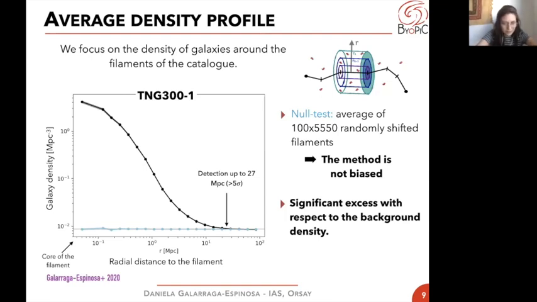In the left part of the plot is the core of the filament, so we have low radial distances, and towards the right we get far away from the filament.